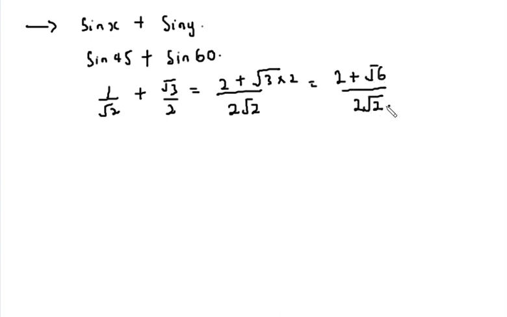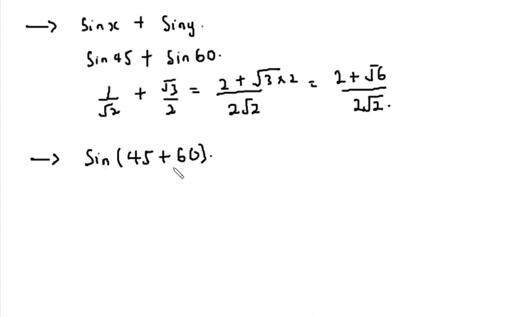So for the first form, you just have sines adding themselves up. You take the values individually and add them up for your special angle. For the second case, you could have something like sine 45 plus 60. But most times in practice, this will not be given in this form.